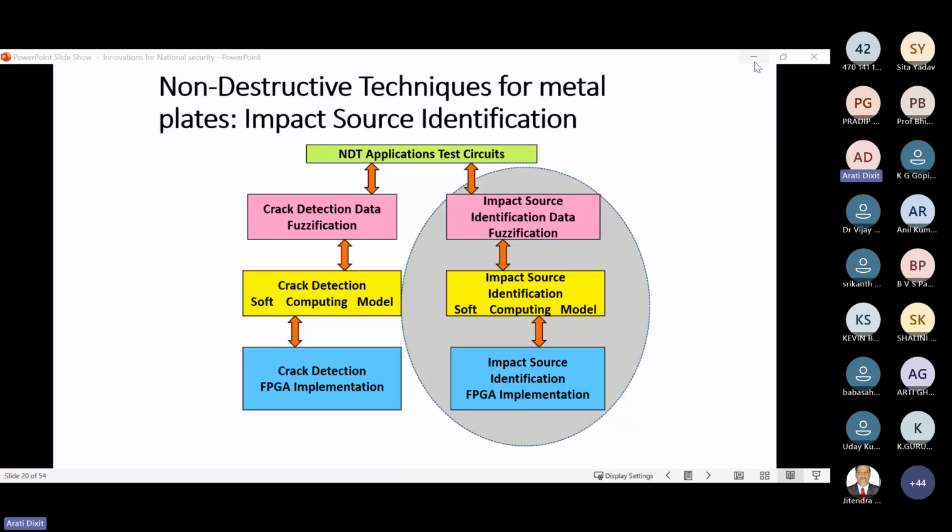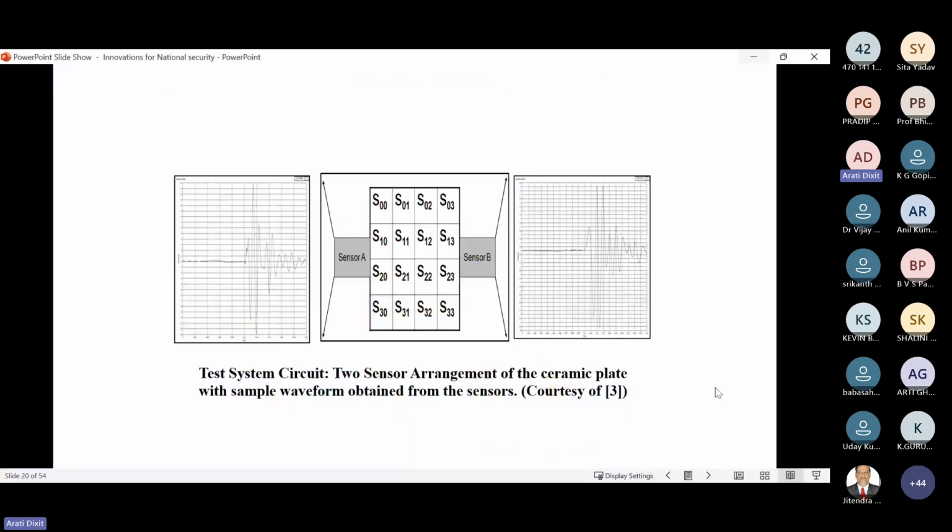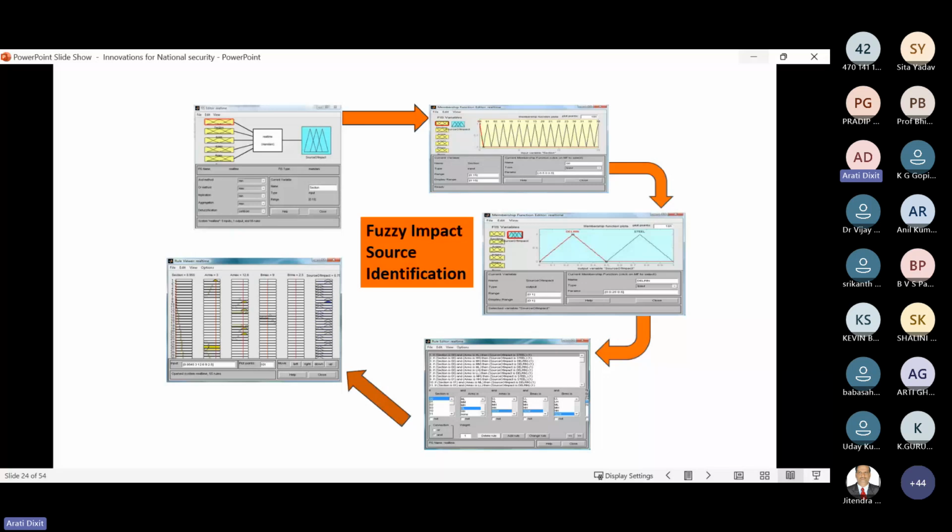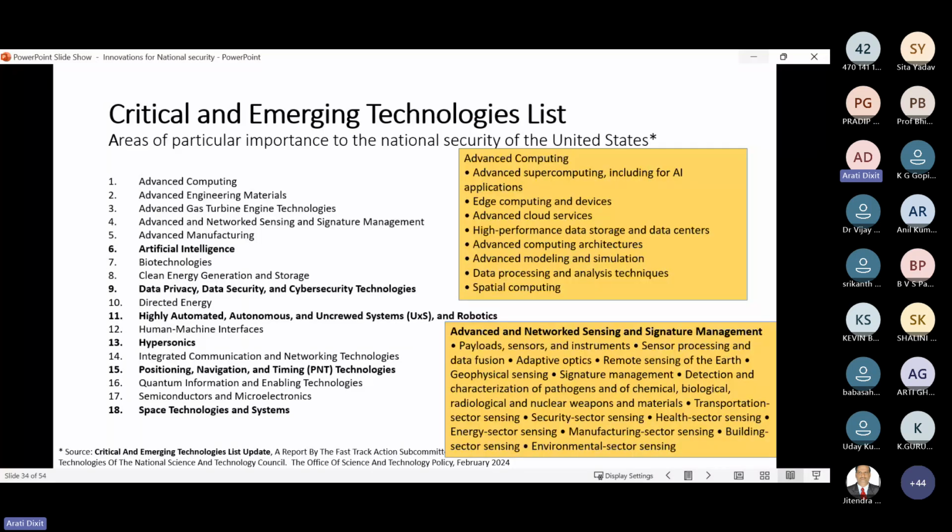Okay. So after all this discussion and some background on a problem which requires a multidisciplinary approach to be solved and tackled, I'm moving on to the critical and emerging technologies list. A lot of areas matter to us, yes, but I thought let us take help of experts.